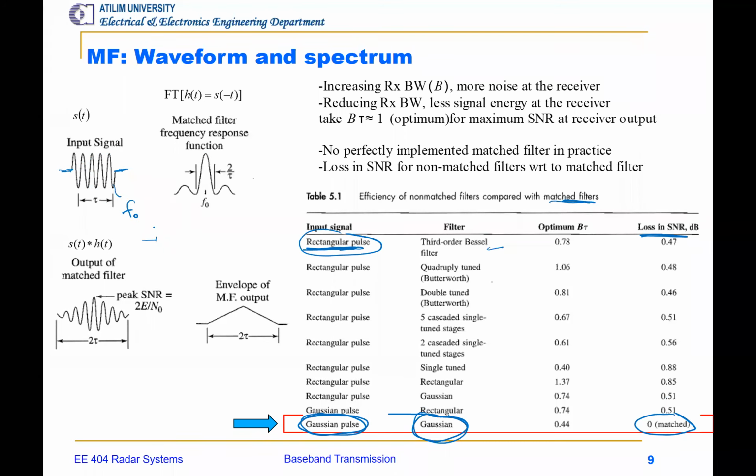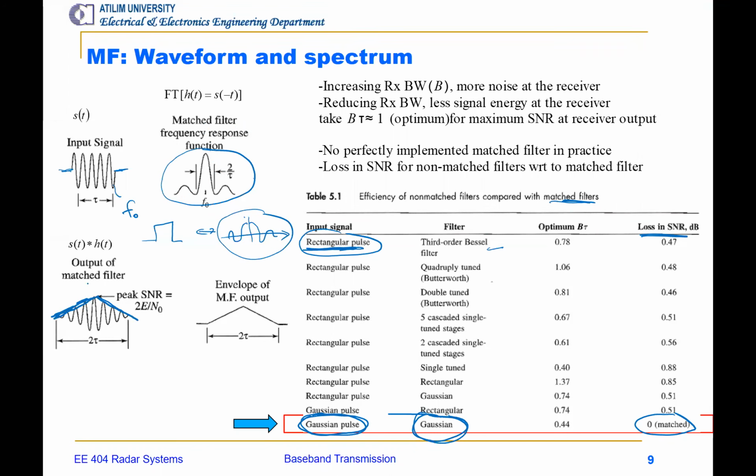Its envelope is a rectangle, and for a rectangular pulse, we got a sinc function. I mean, in spectral domain, we got the sinc function, so the match filter frequency response will be a sinc function simply. And once we convolve the match filter impulse response with the input signal, we'll get a sinusoid again, whose envelope follows a triangle.